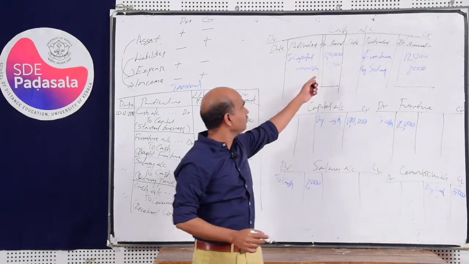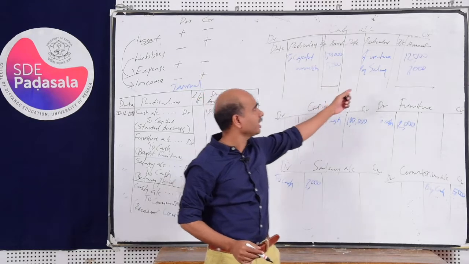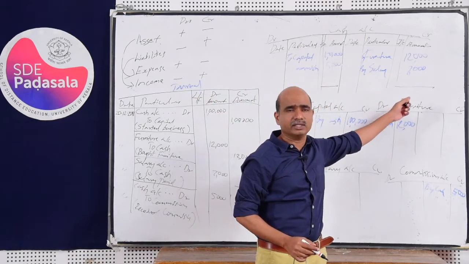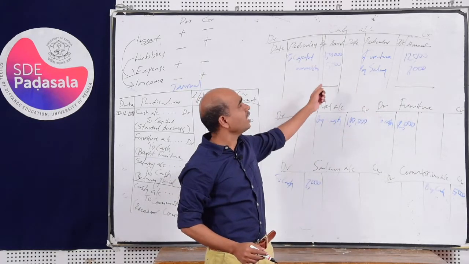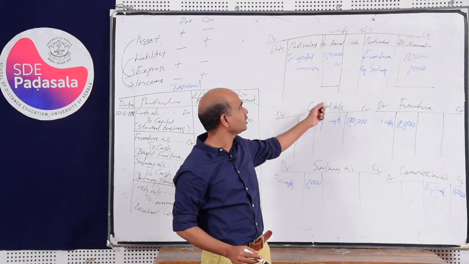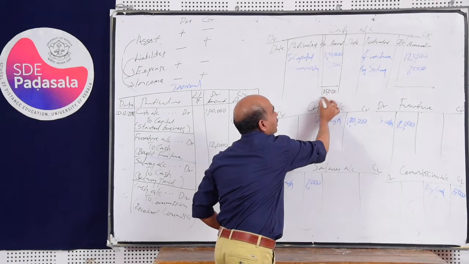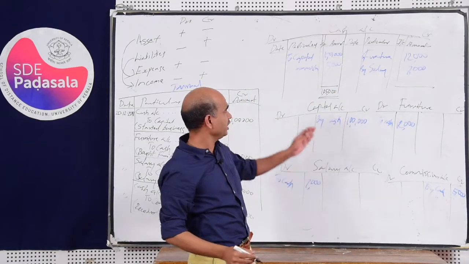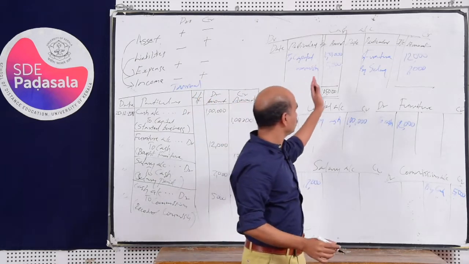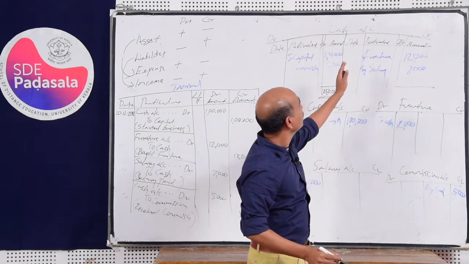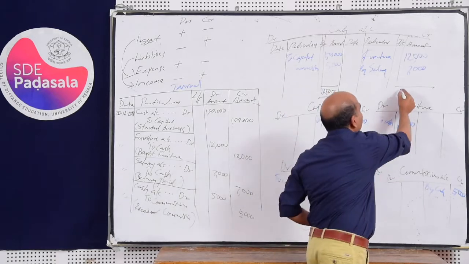When we calculate, the left hand side is 1,05,000 and the right hand side is 17,000. So, we should write 1,05,000, which is the highest amount, on both sides of the particular ledger.